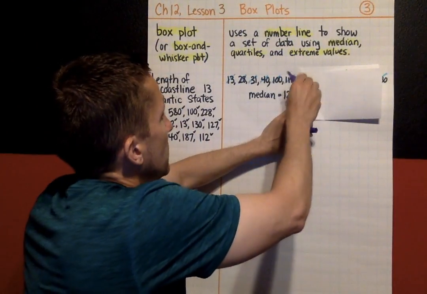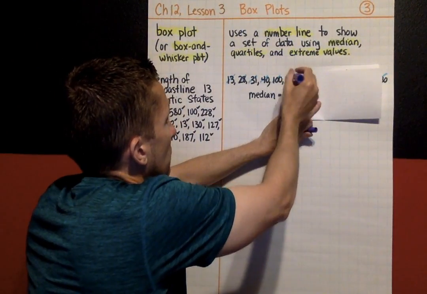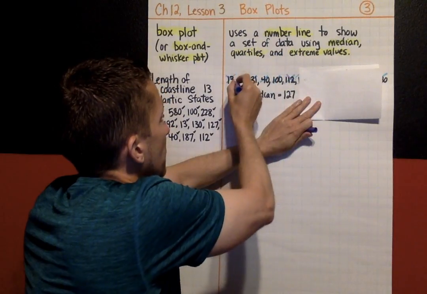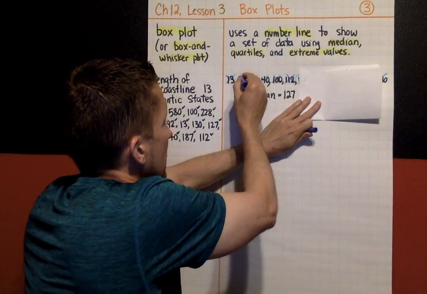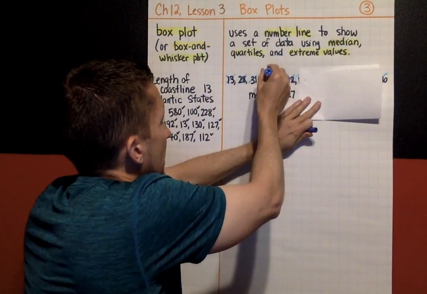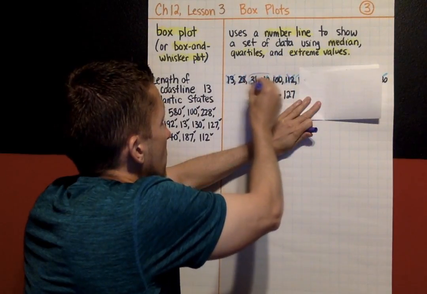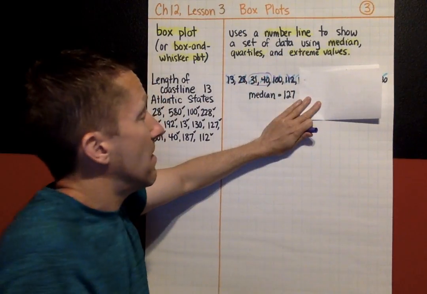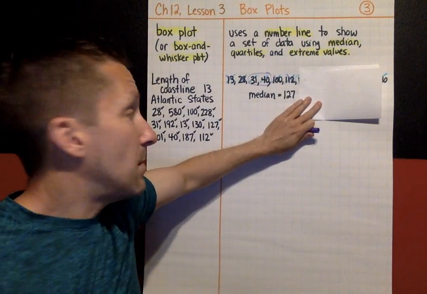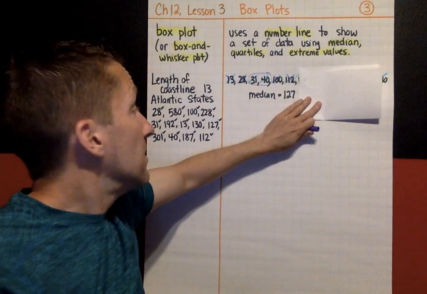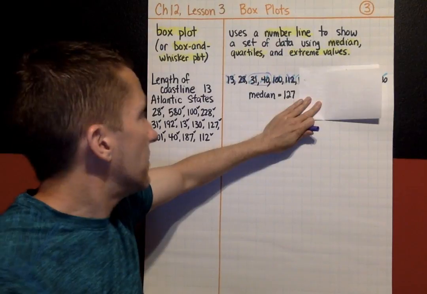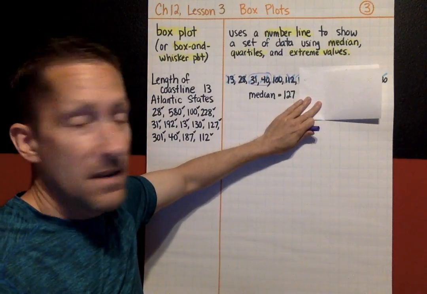So this is what I would do next. I would cross out 112, 13, 40, and 28, and I would get 31 and 30 are in the very middle of the bottom half of the data. So then I have to add those together and divide by 2 for quartile 1.